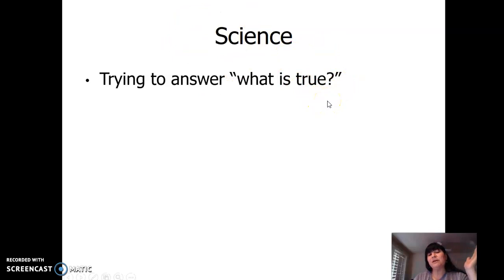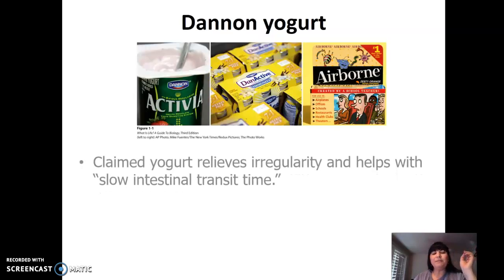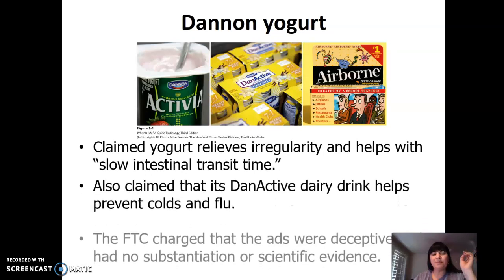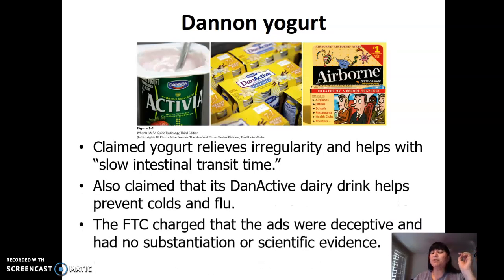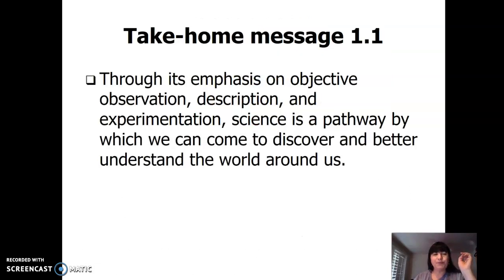Does radiation from cell phones cause brain tumors? If I shave my legs, the hair that grows back, is it coarser? Is it finer? Just everyday questions, and we're trying to get to know the truth. They show some advertisements by companies. Are those advertisements correct? How do we know? How do we know what is true?